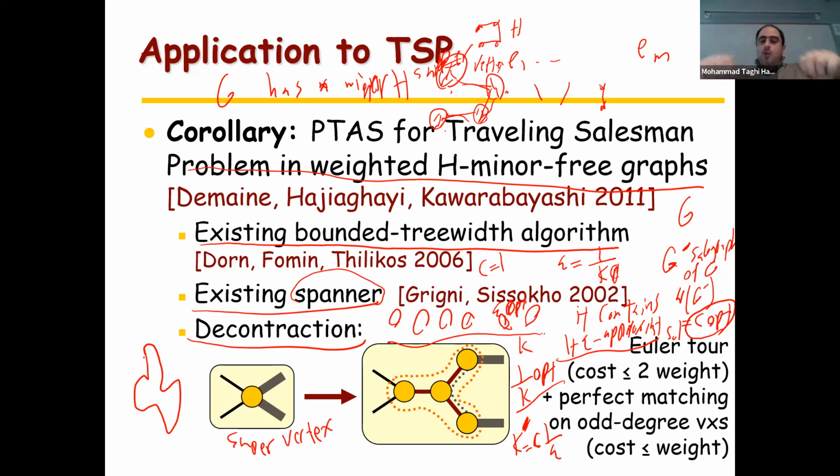And now what can I do? Essentially, this part is not that different from the TSP. When I open these ones, I can add... what do I need to do that?